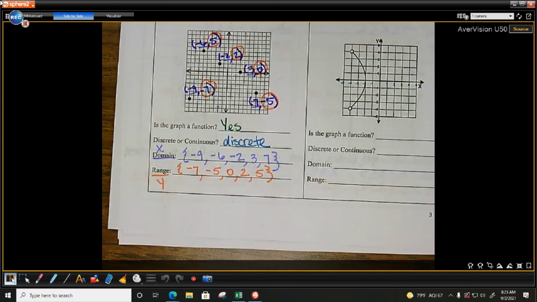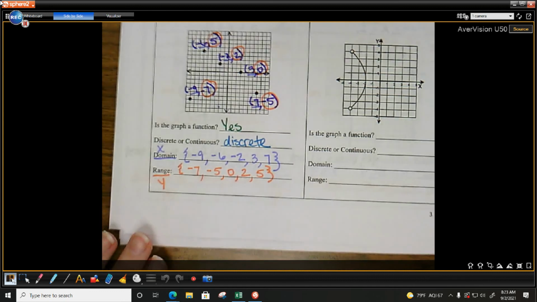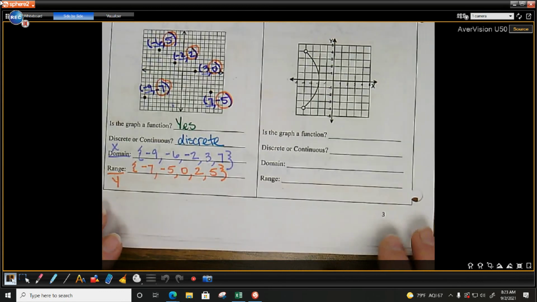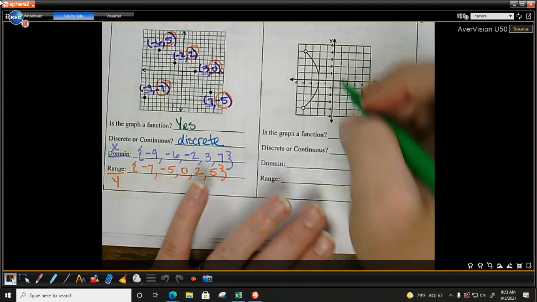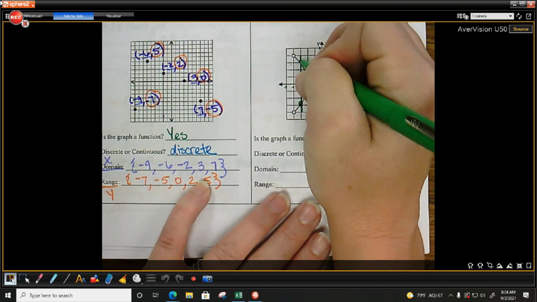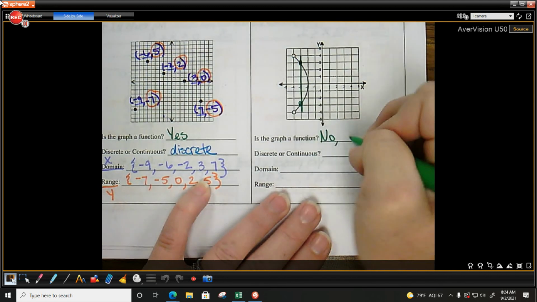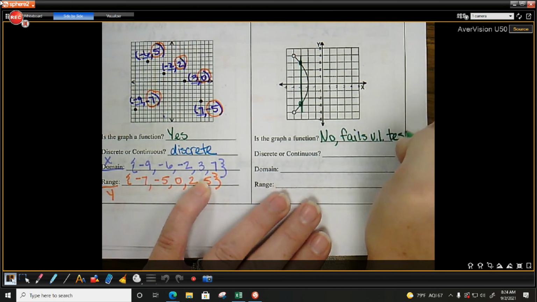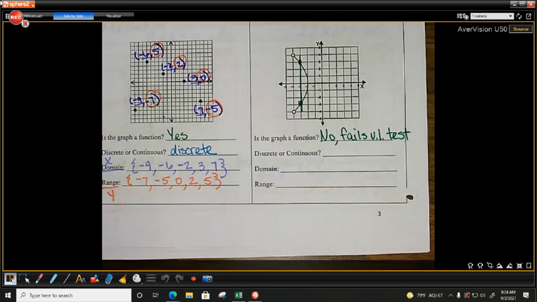Next one, is this a function? No, draw a line right here and it hits twice, so no, because it fails the VL test. Is this discrete or continuous? Continuous. What is my domain?